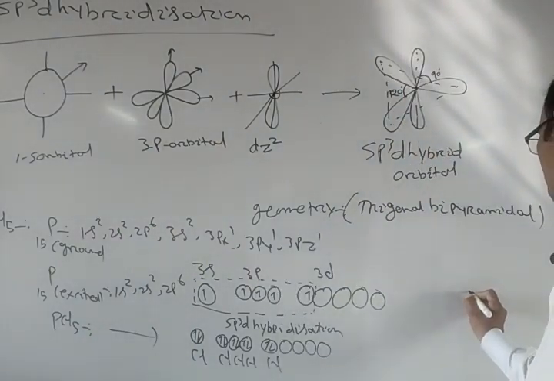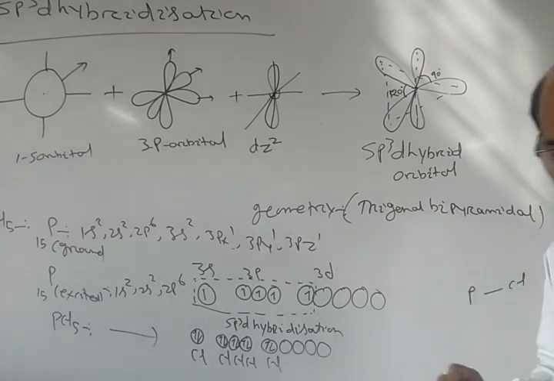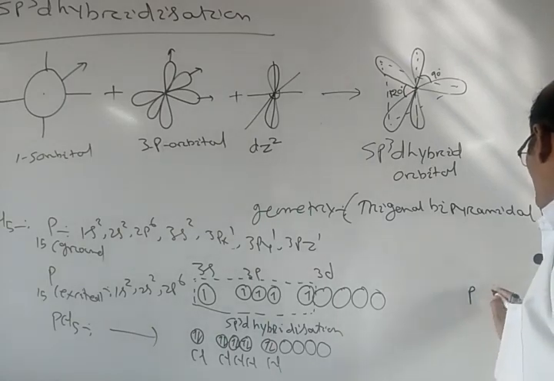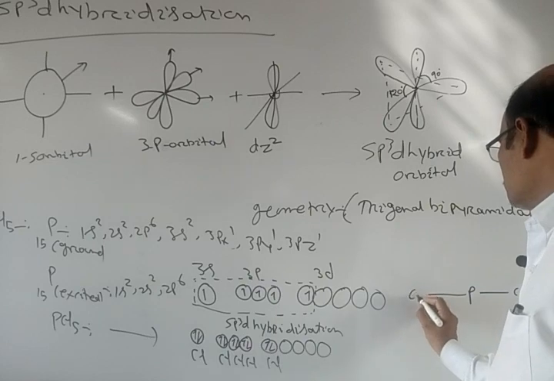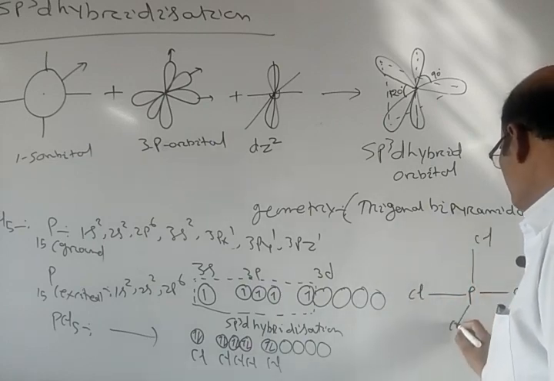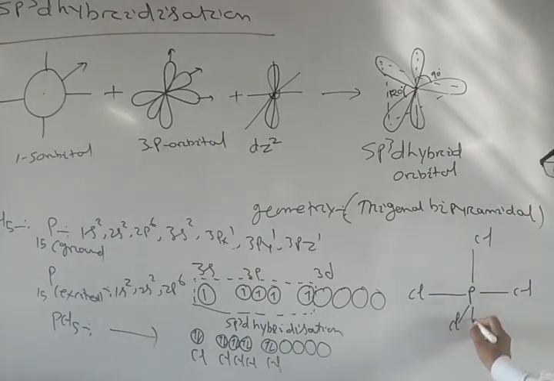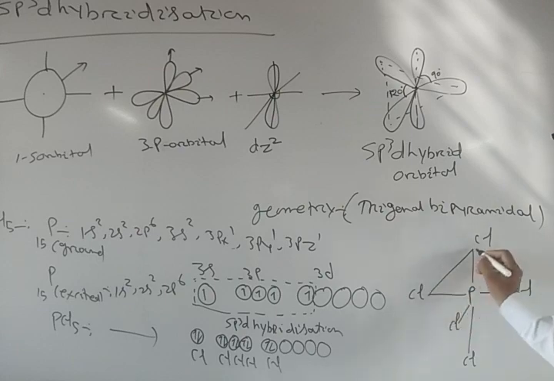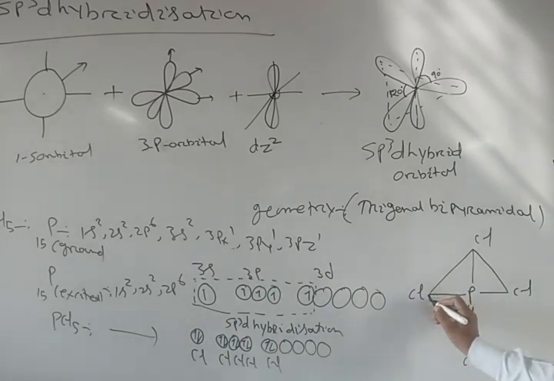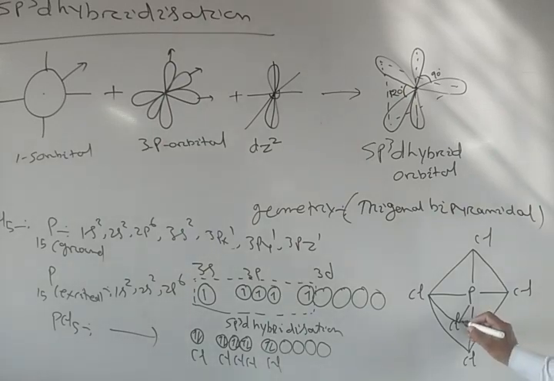So if I take P, Cl, Cl, Cl, Cl, Cl, PCl5. So 5 Cl are there.